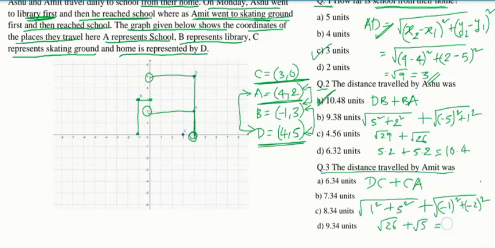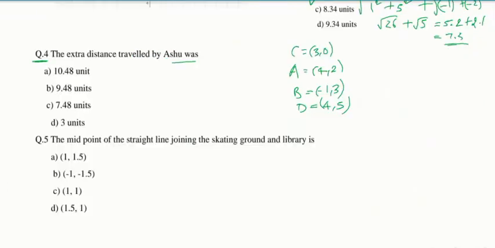So root 26 means, already discussed, 5.1 approximately, plus root 5 is 2 point something will come, 2.2 you can take. So both add means 7.3 something coming. Approximately it is equal to 7.34, which is option B.